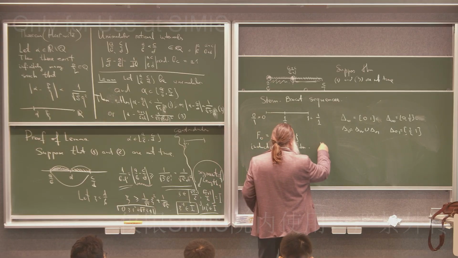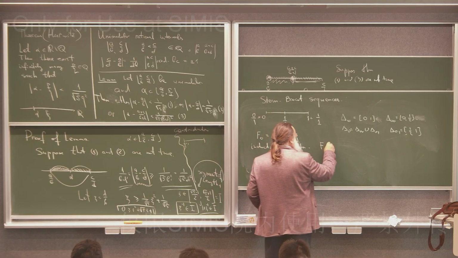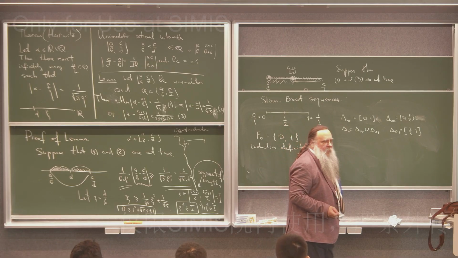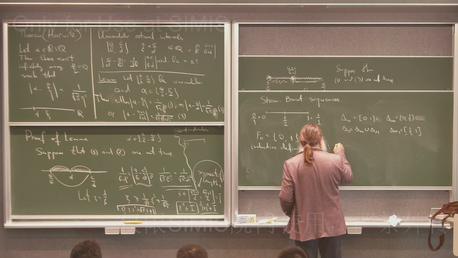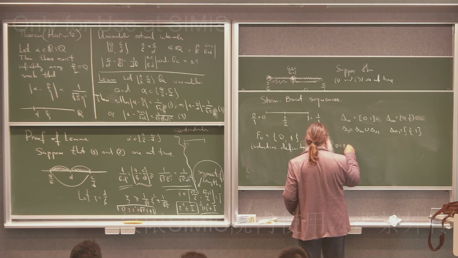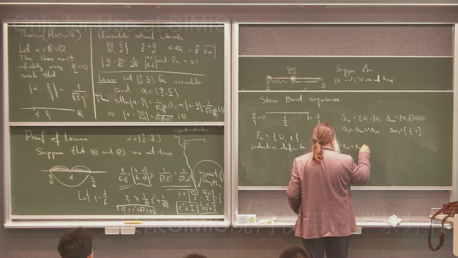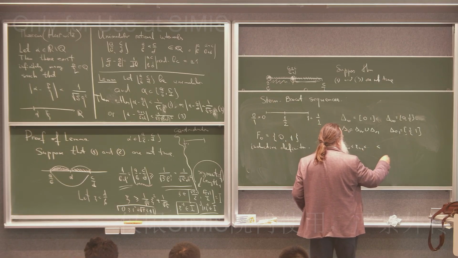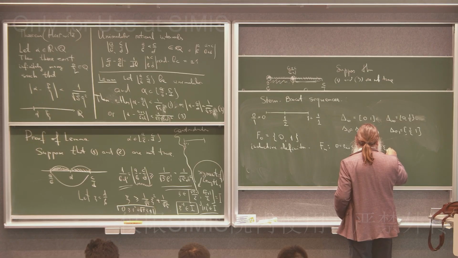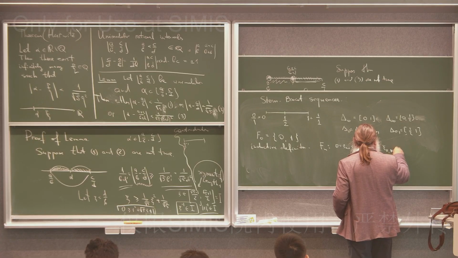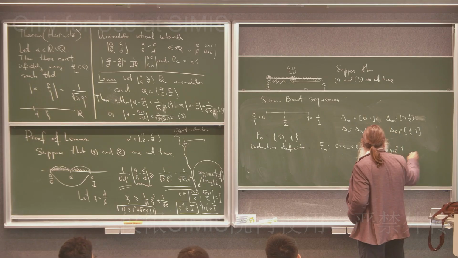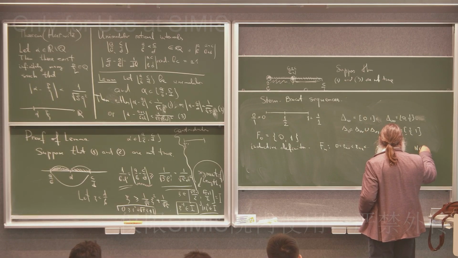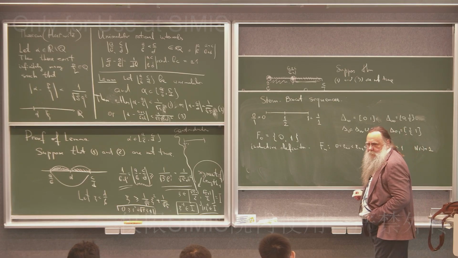If Fn is a sequence, I will write the elements of Fn in increasing order: Cn0, then Cn1, then the last element Cnn, which is 1. So this is a sequence of n plus 1 rational numbers.